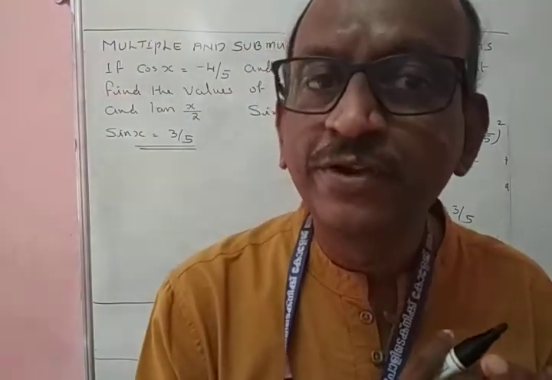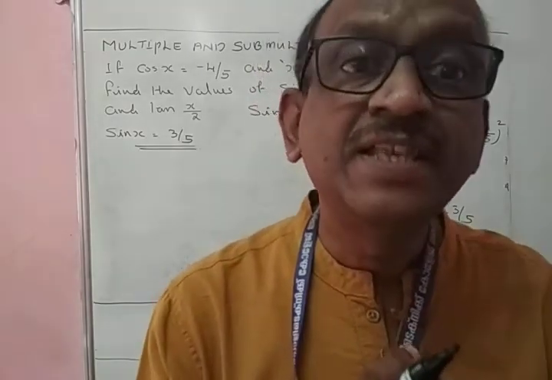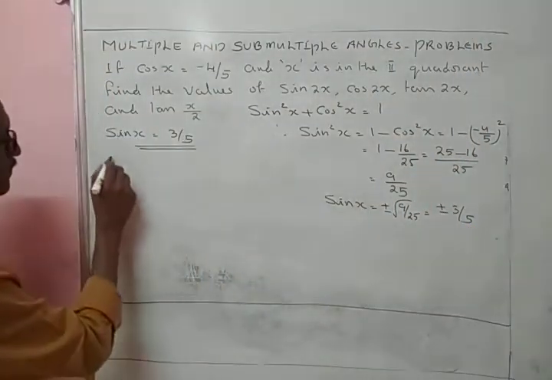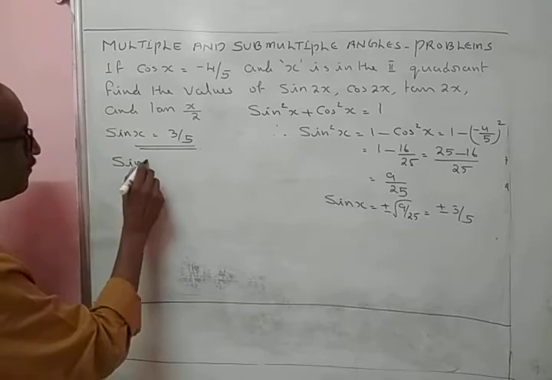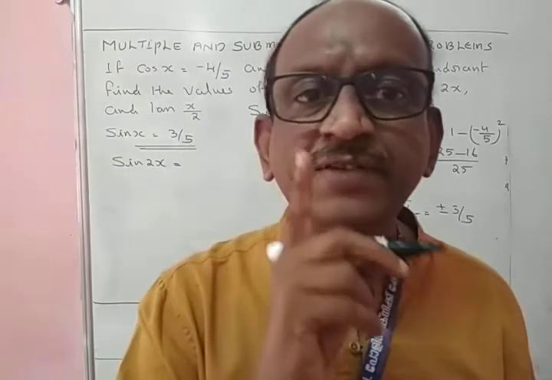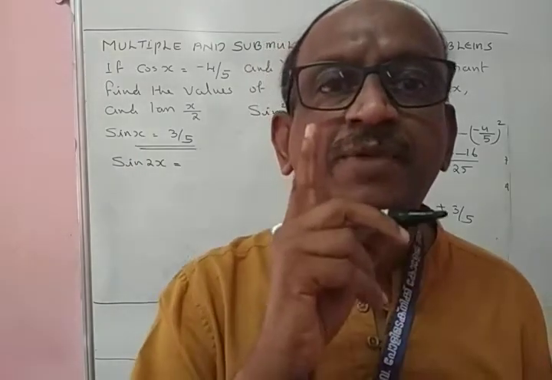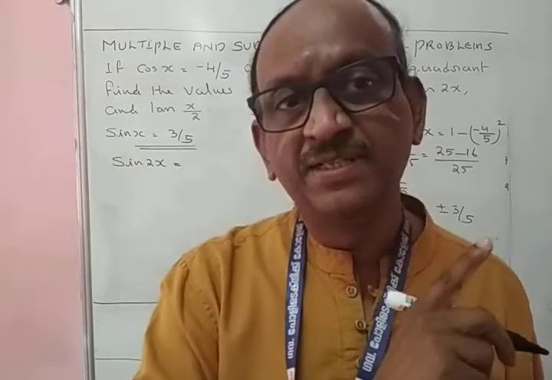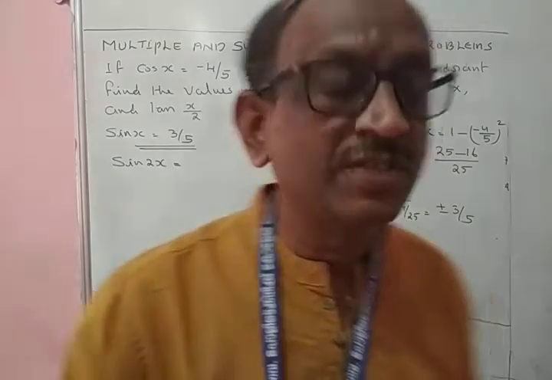Cos x is also a known quantity. Find sin 2x. Last class we studied the multiple angle formula sin 2x. Sin 2x is 2 sin x cos x.